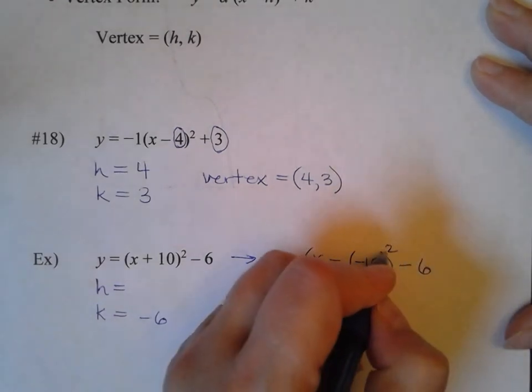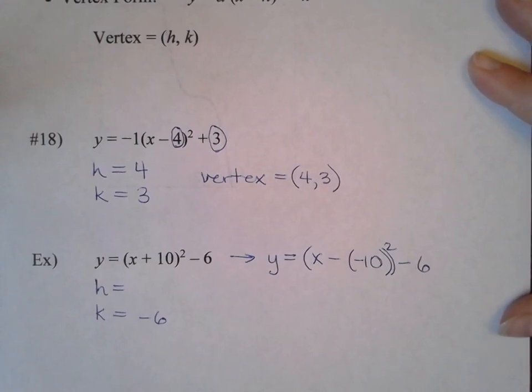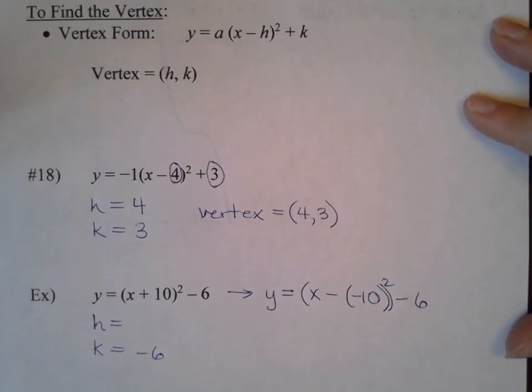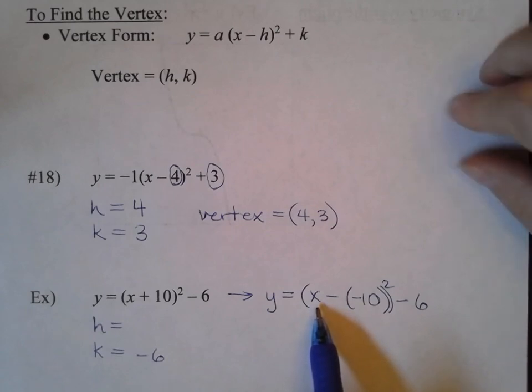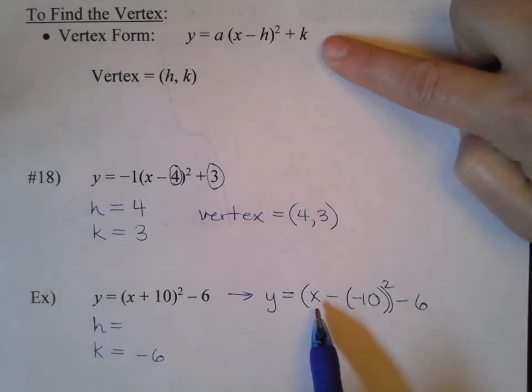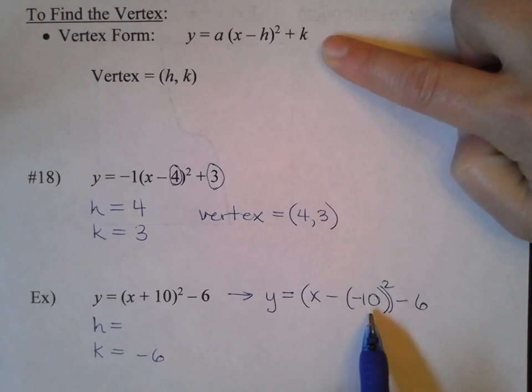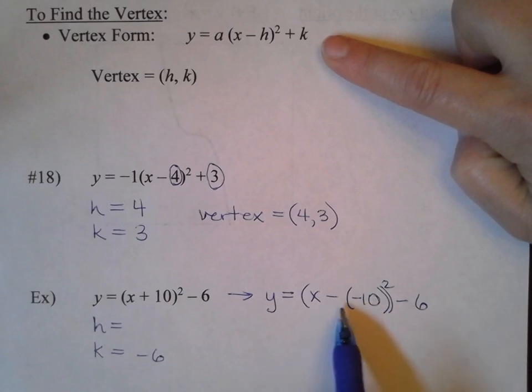And so the h that we see, right, it's in the format just like the vertex form at the top here, x minus some number. What I'm subtracting when I add, that sounds weird, when I'm subtracting a negative 10.